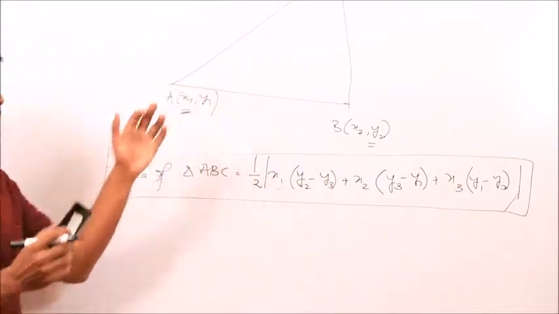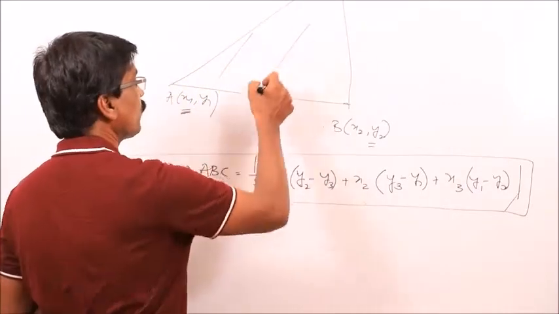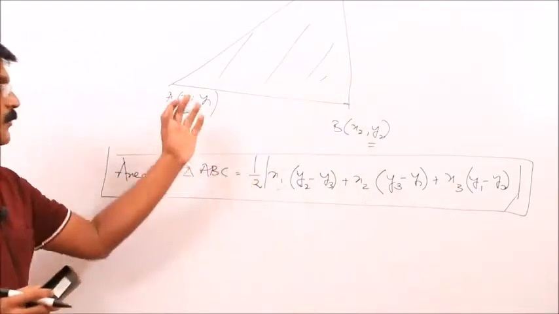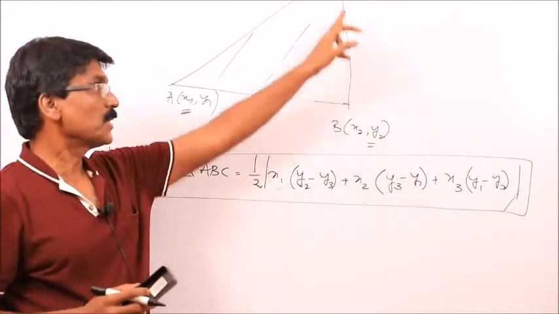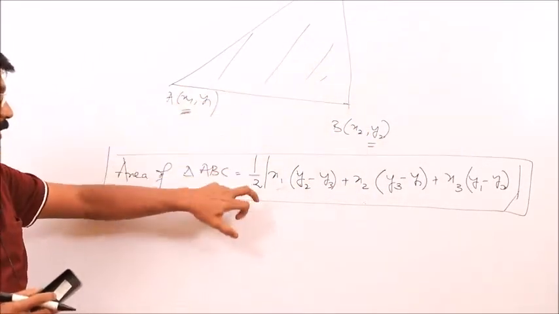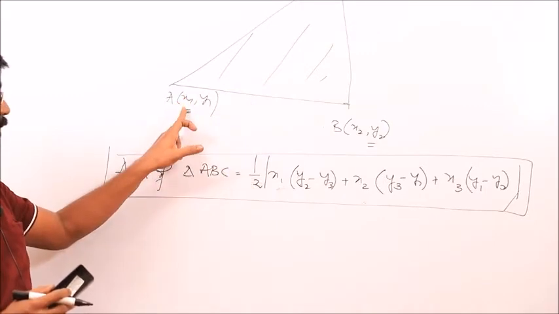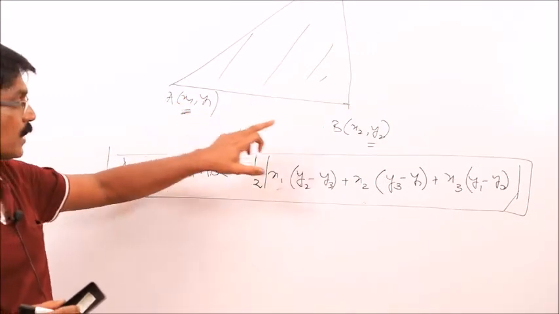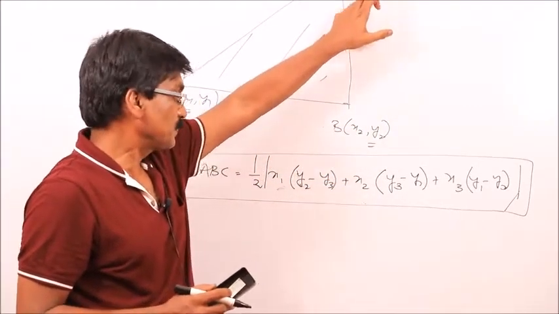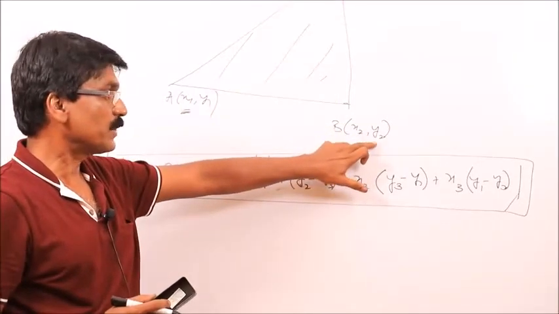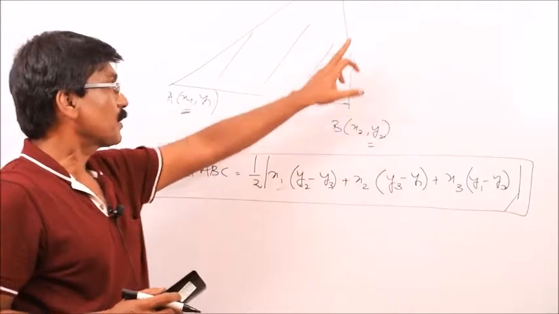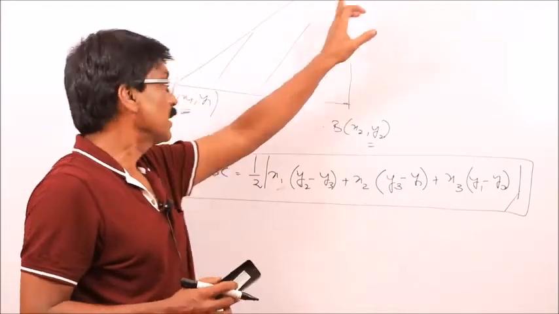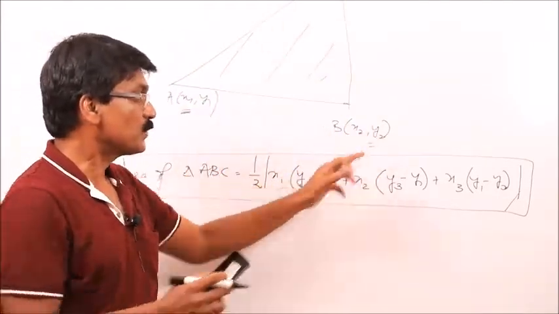To find the area of a triangle, if we have three given points with coordinates x1, y1, x2, y2 and x3, y3, we can find its area by the formula x1 into y2 minus y3, plus x2 into y3 minus y1, plus x3 into y1 minus y2.